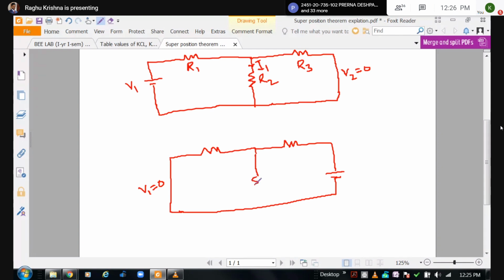In order to mention I2, I drew this somewhat lengthy. Here we are going to apply V2. This is R1, R2, R3. Now if you apply only voltage V2, there will be current flowing through R2 which will be different from IL and I1. So I am naming it I2.